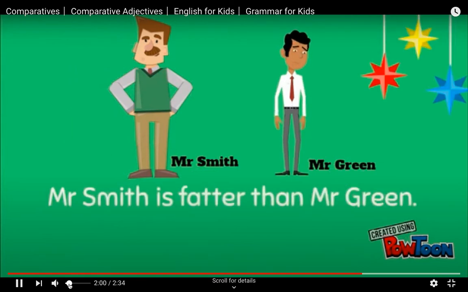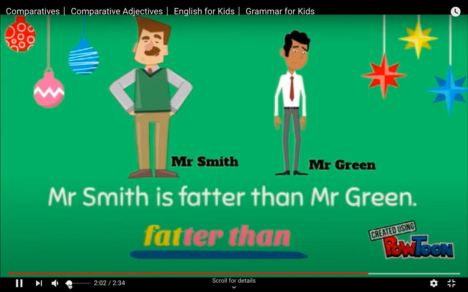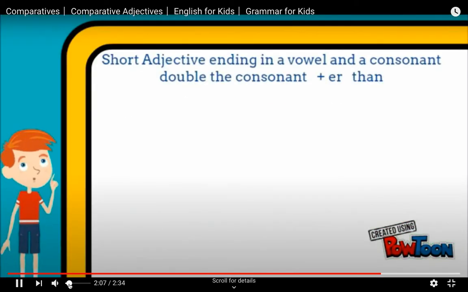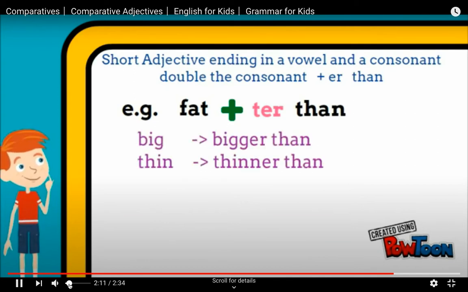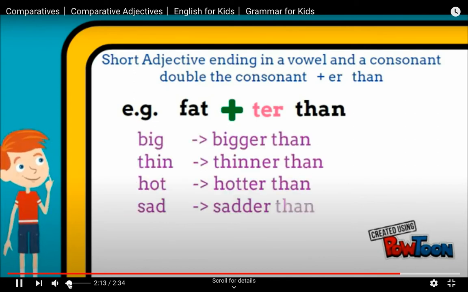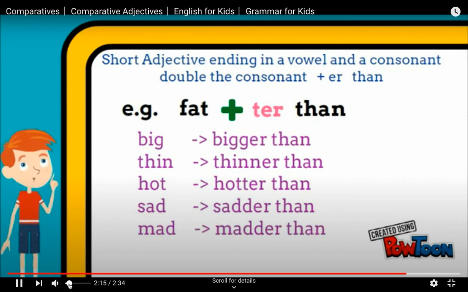Mr. Smith is fatter than Mr. Green. Fatter than. For consonant vowel consonants, you double the last consonant and add ER, like in bigger than, thinner than, etc.